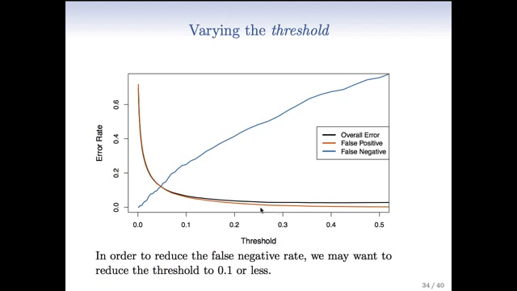But it increases very slowly, you'll see, for a long part of the decreasing threshold. Of course, the false negative rate decreases as we do that. And so even at 0.1, the false positive rate hasn't increased a huge amount, but we've changed the balance of classification.